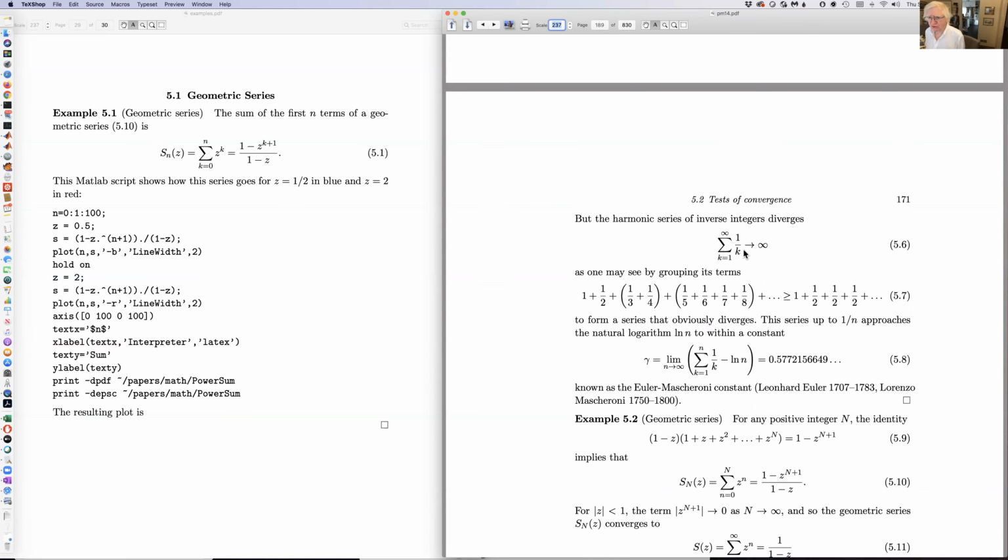This gets smaller and smaller, so you'd think it might converge, but you can see that it doesn't converge if you group the terms like this. And then you can see that each of these groups is greater than a half. And so the series clearly diverges.